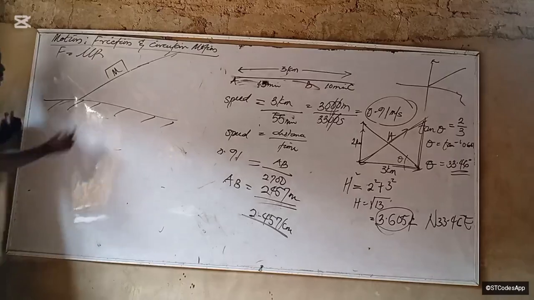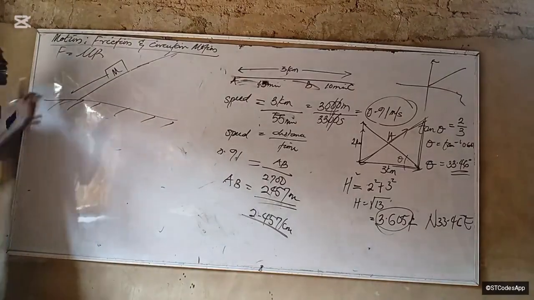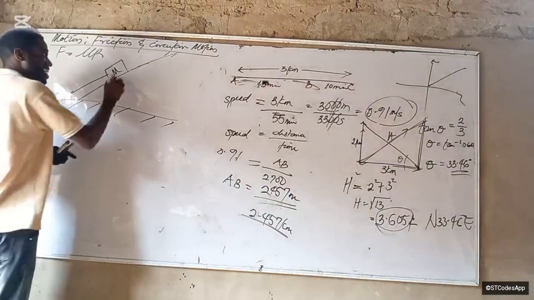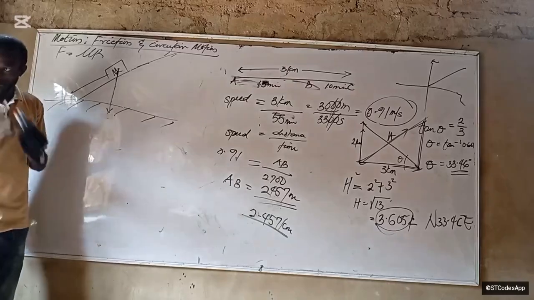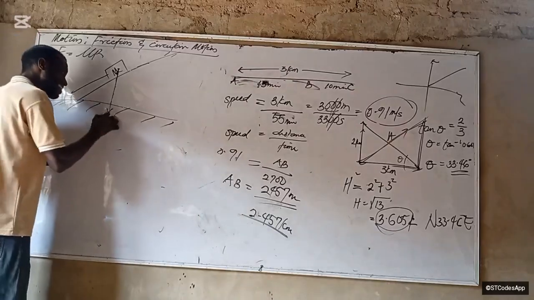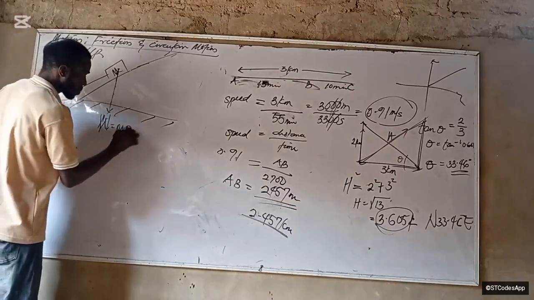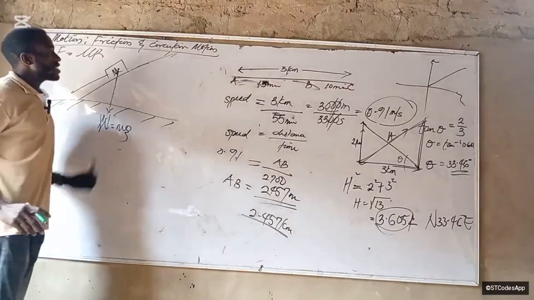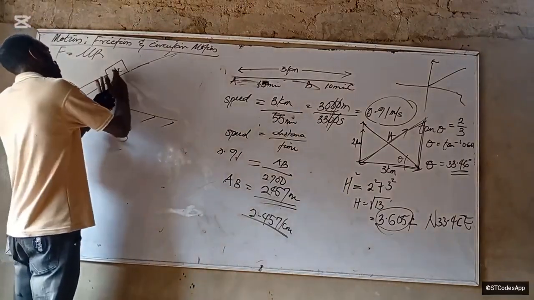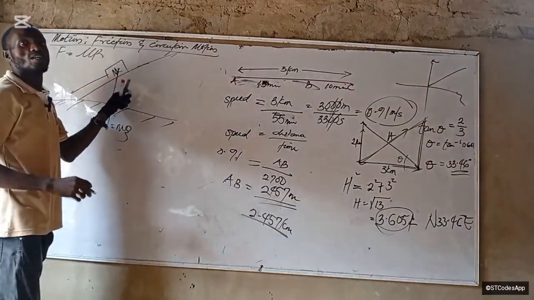Downward, right? Good. Now the force that is acting straight downwards, what do you call that force? Weight of the body always acts straight downwards. Straight downwards, you don't trace the distance. The force that acts perpendicular to the surface is what? Normal reaction.